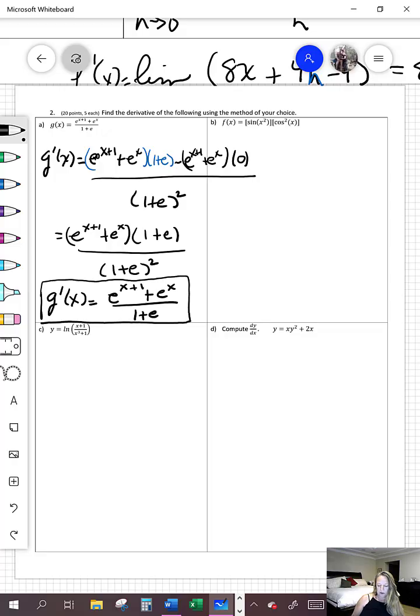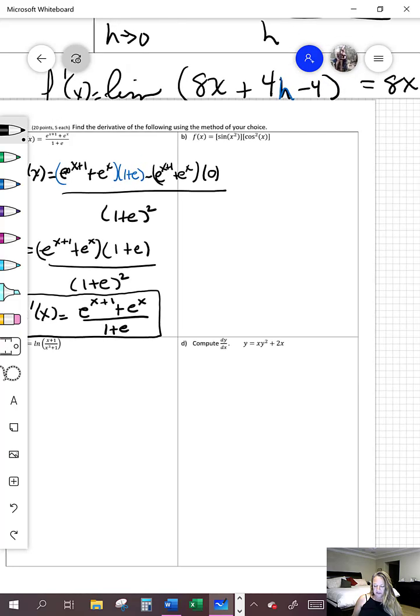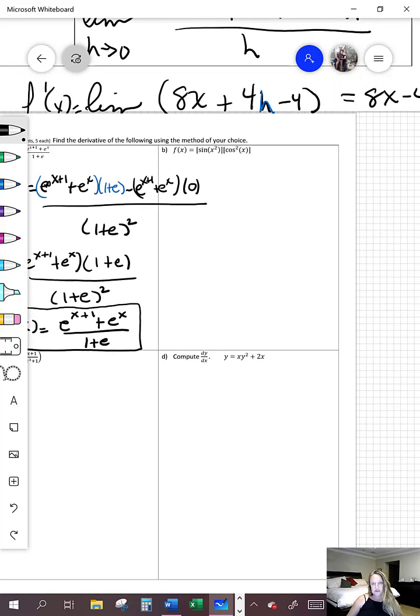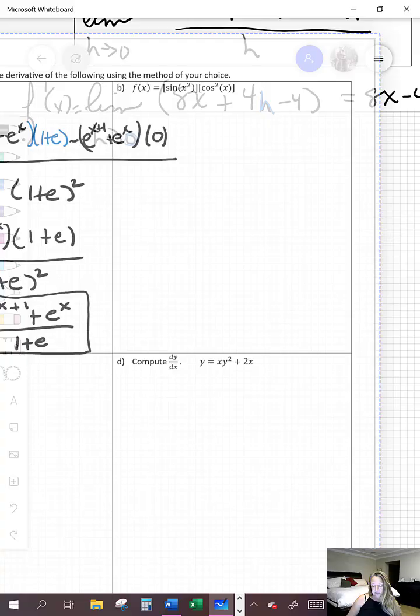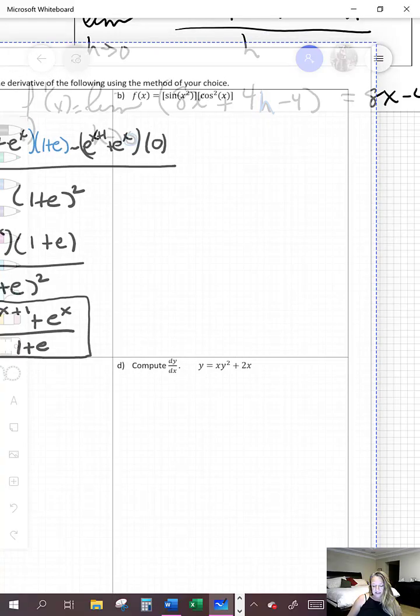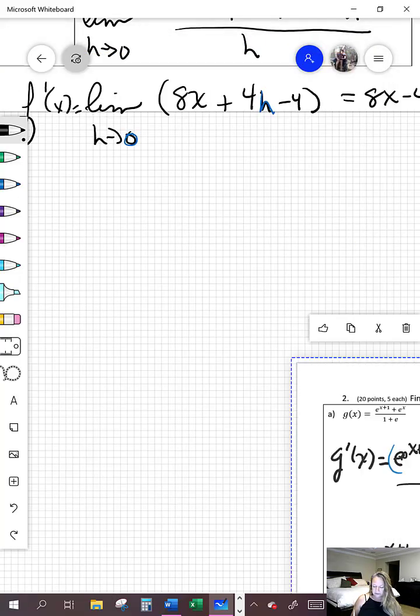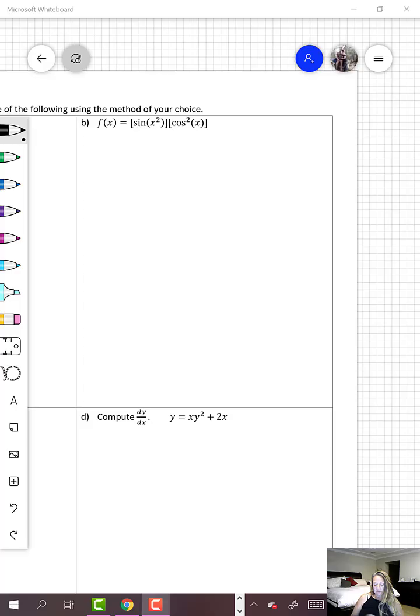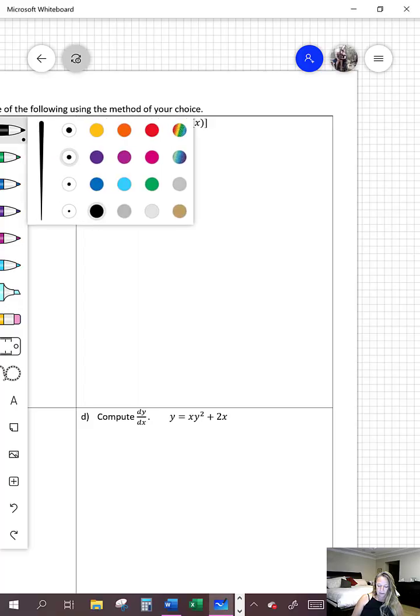So looking at part B, we're looking at the derivative of f of x equals sine of x squared times cosine squared of x. And so we need to be careful. By definition, there's a difference between where that square is and what that means. And so let's just rewrite this a little bit.